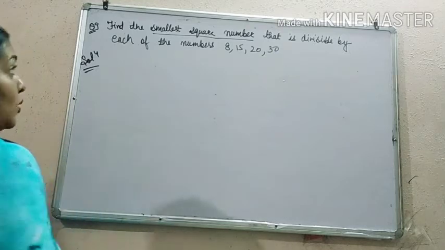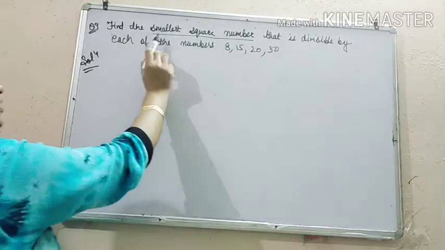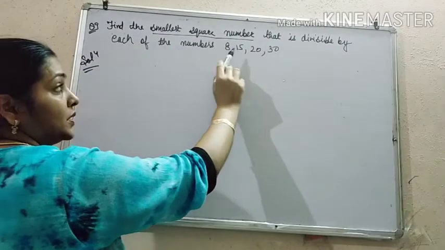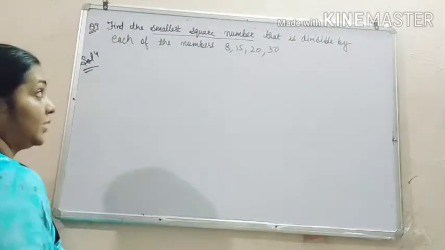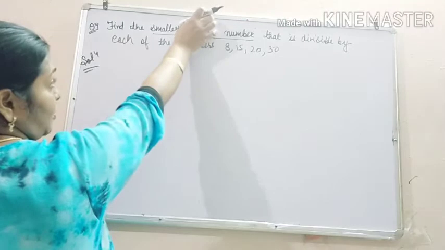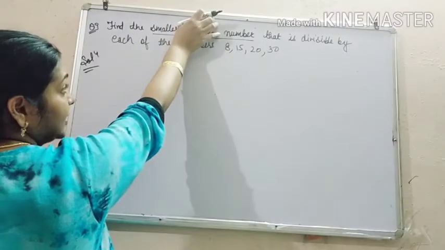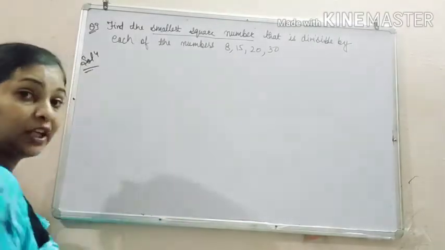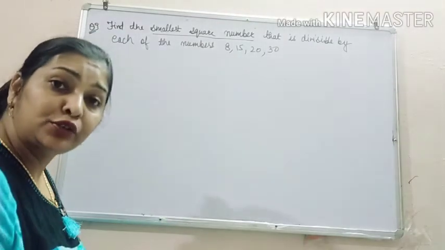Look at this problem. What is given? That find the smallest square number that is divisible by each of the numbers 8, 15, 20 and 30. In junior classes you have done the problem that find the smallest number that is divisible by each of the numbers 8, 15, 20 and 30. And what you used to do?